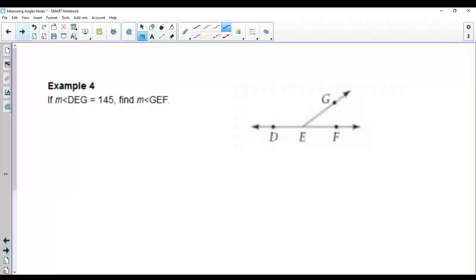If the measure of DEG, so DEG, this piece is supposed to be 145. What's GEF? Okay, if we look close enough, I can draw that half circle. That means this is a straight angle.